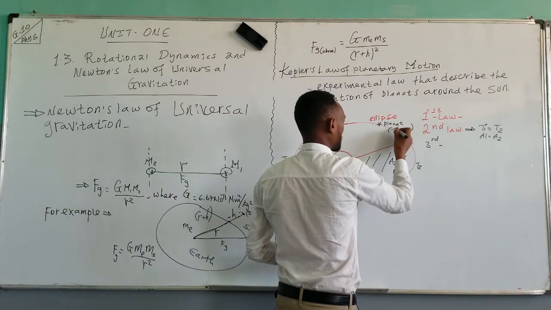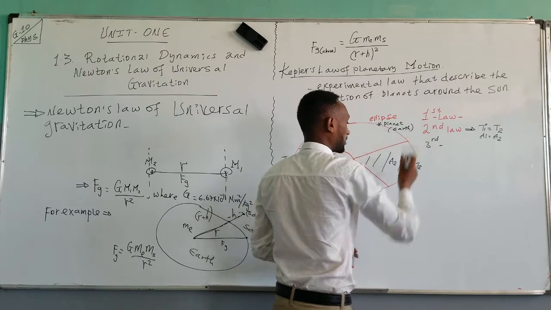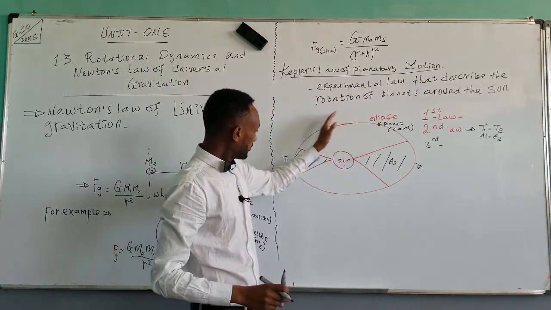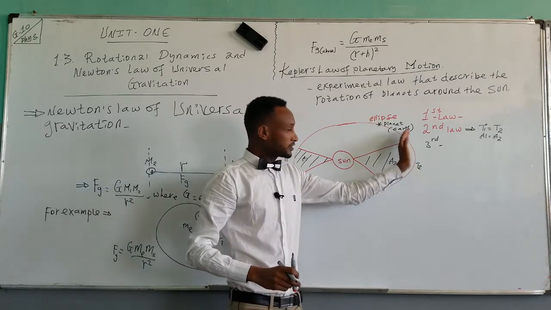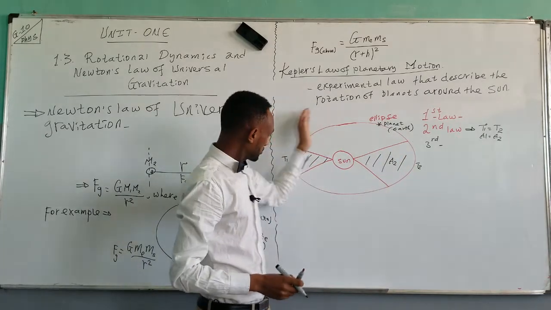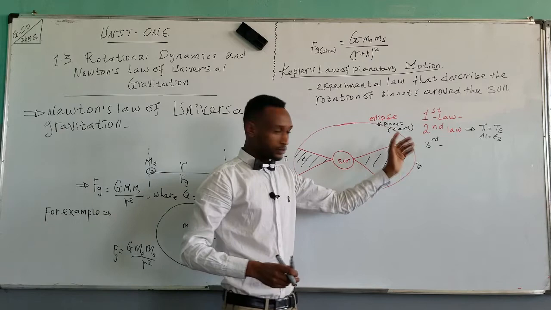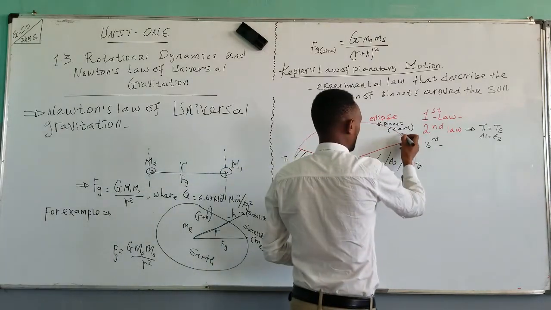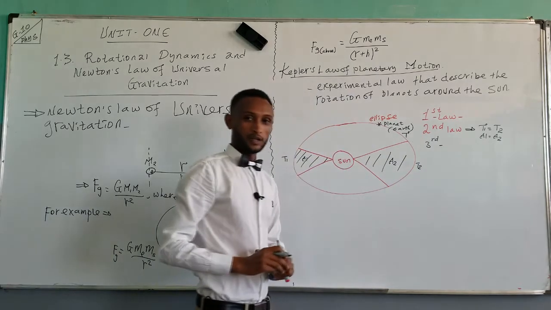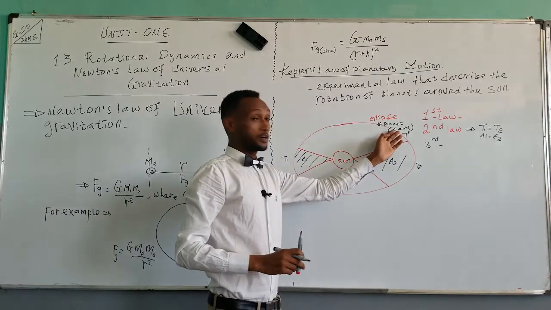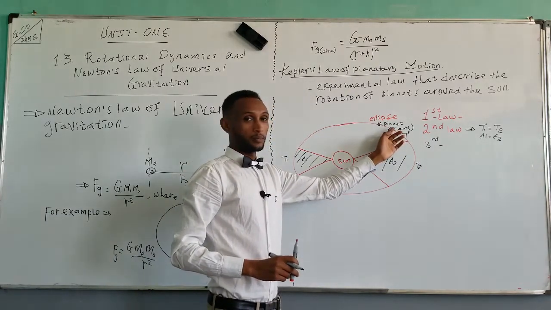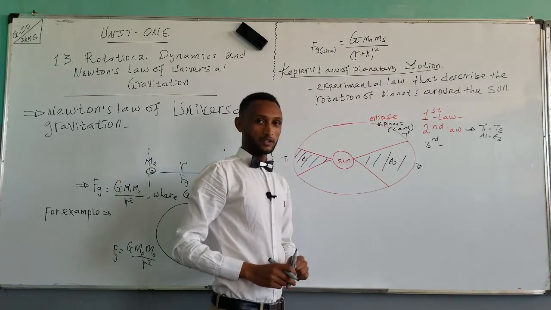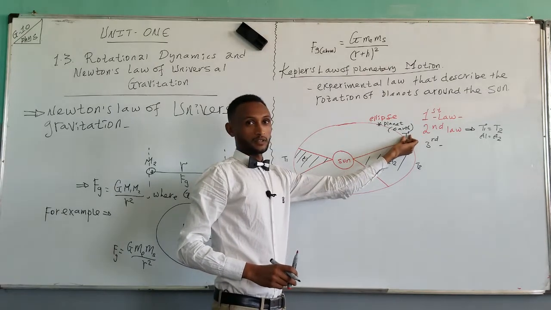If the planet is the Earth, it takes a period, or a duration, to orbit the sun. The duration taken to orbit the sun is called the period, or time T. If the Earth orbits the sun in 1 year, that is called the period.